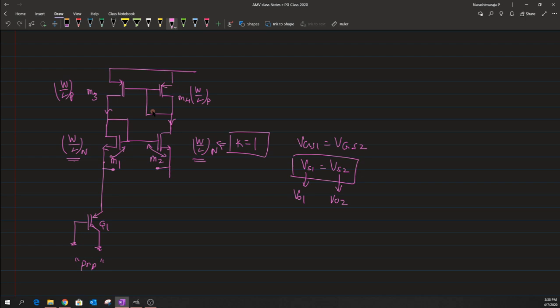Followed by this, in the second branch I have a resistance which I label as R1, and then I pass it through the Q2 structure, which will have an area that is n times the area of our Q1 structure. So this is the general structure that I have, and it will ensure that our VO1 and VO2 will be the same, and the currents flowing through both branches will also be the same.